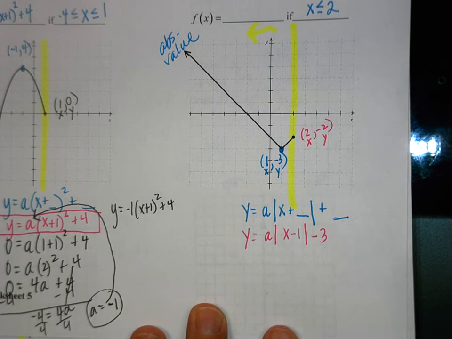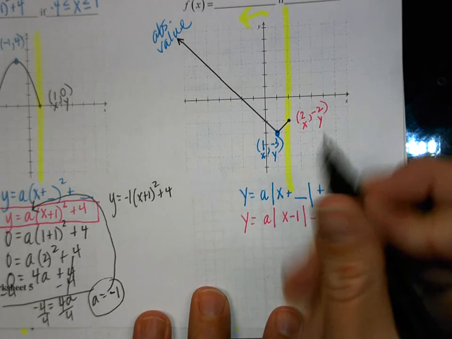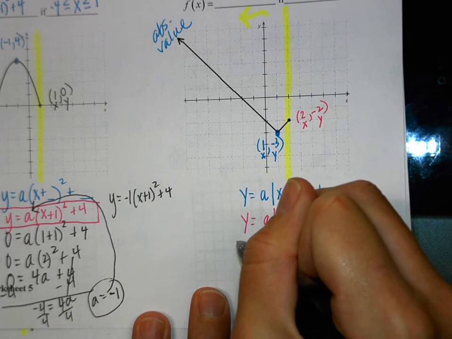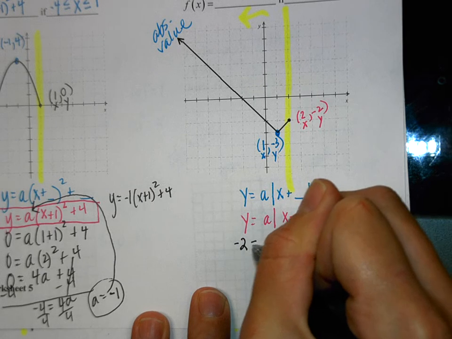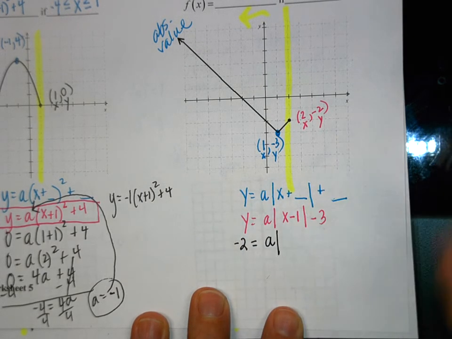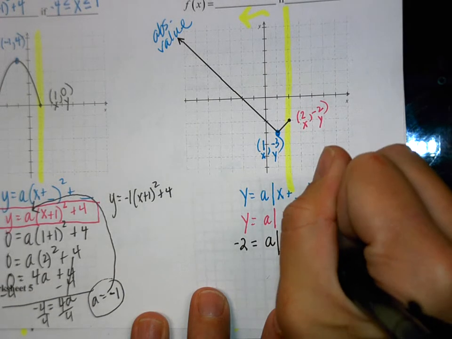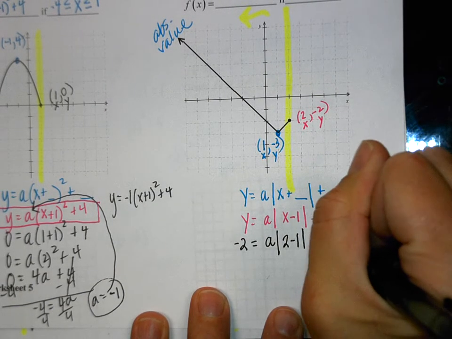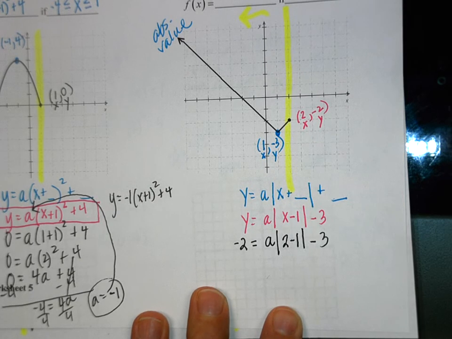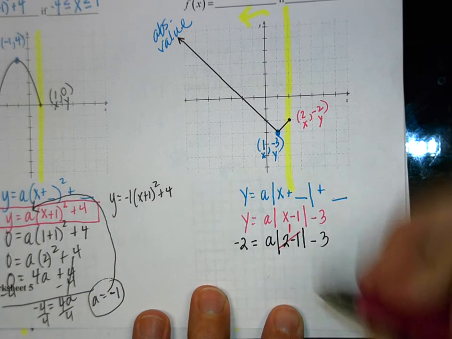So when I write this, we're going to write it as what? -2 equals a absolute value of 2 minus 1, minus 3. Okay, what is 2 minus 1? 2 minus 1 is 1, and what's the absolute value of 1? 1.